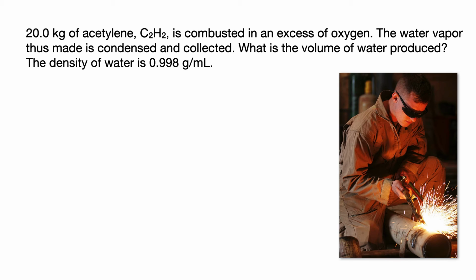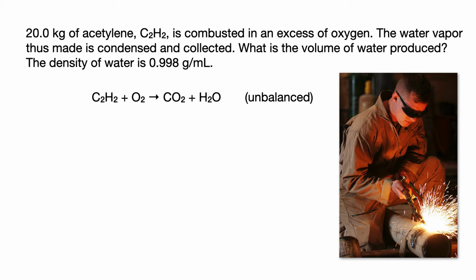And the reaction itself is a reaction between acetylene, C2H2, and oxygen, O2. And when a compound like acetylene combusts, all of the carbon gets converted to carbon dioxide, all the hydrogen gets converted into water, and so our products will be carbon dioxide and water.